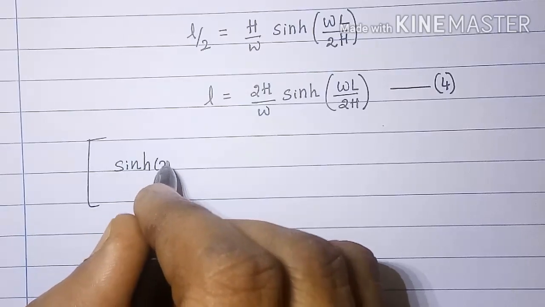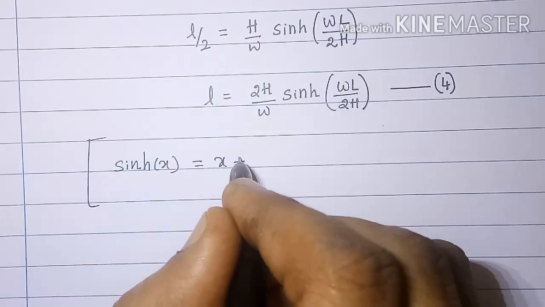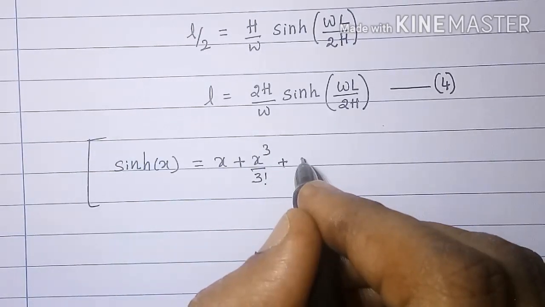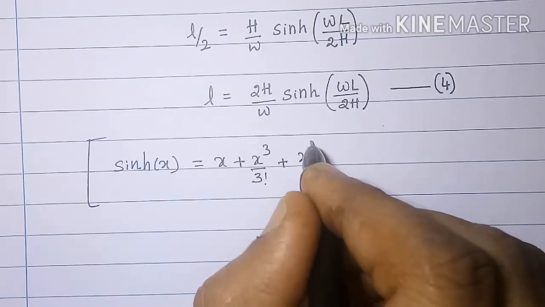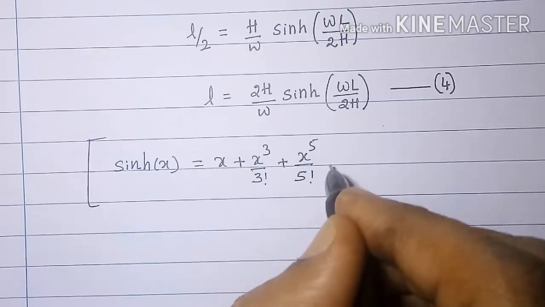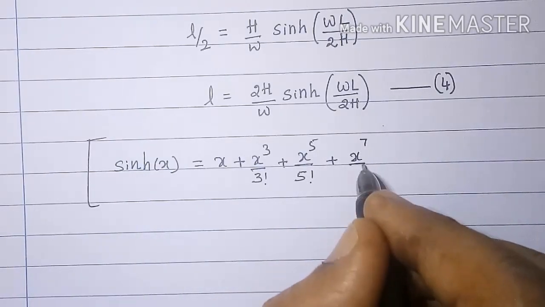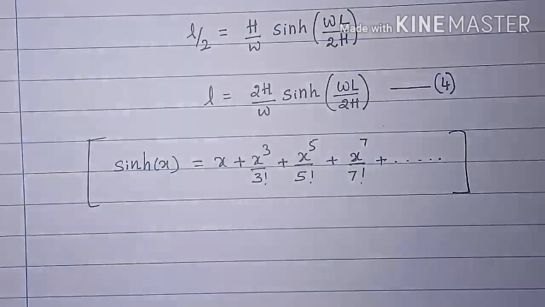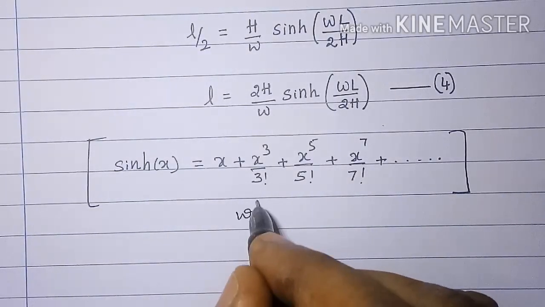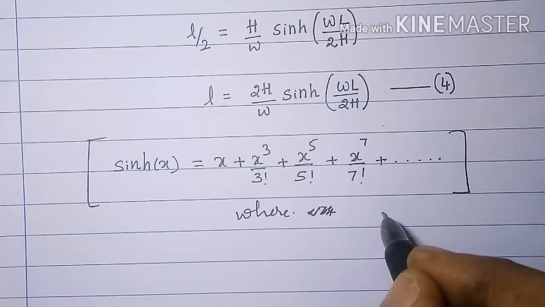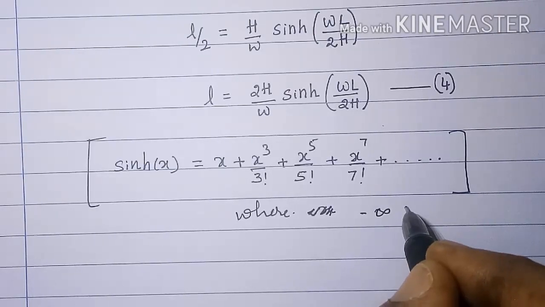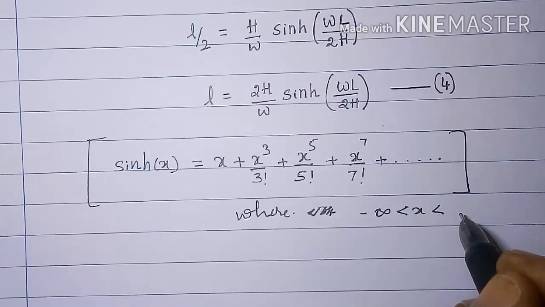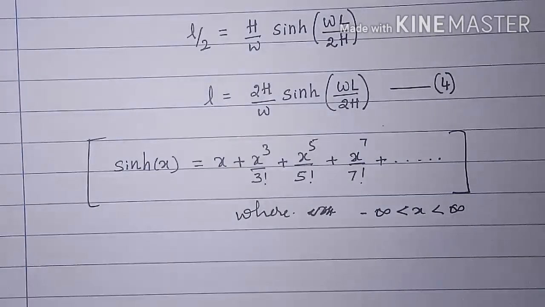Sinh of x is x plus x cube upon 3 factorial plus x raised to 5 upon 5 factorial plus x raised to 7 upon 7 factorial plus and so on up to infinity, where x varies from minus infinity to plus infinity.